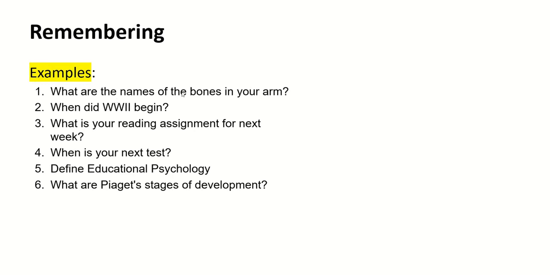The student uses their mind to recall the names of the bones. Or when did World War II begin? Here the students will be searching for a particular year to answer this question. And we have other questions as well which target the remembering or memory concept of the student.